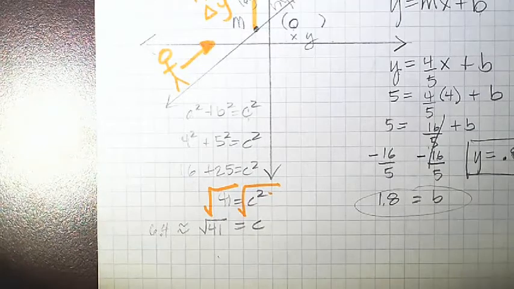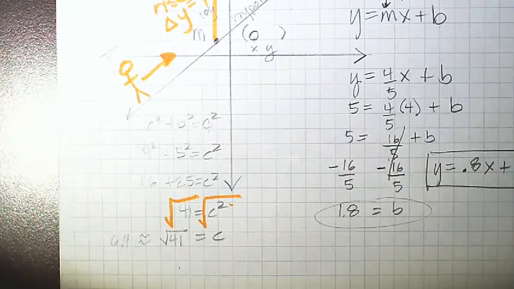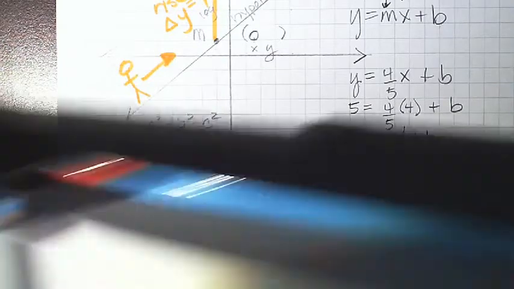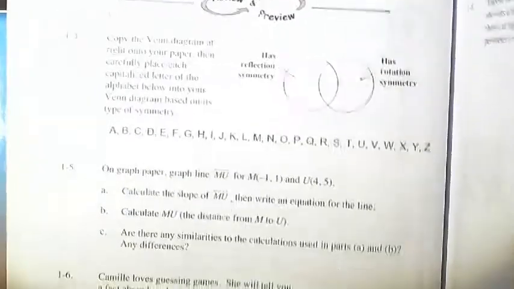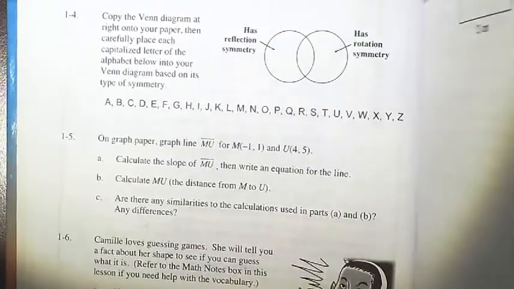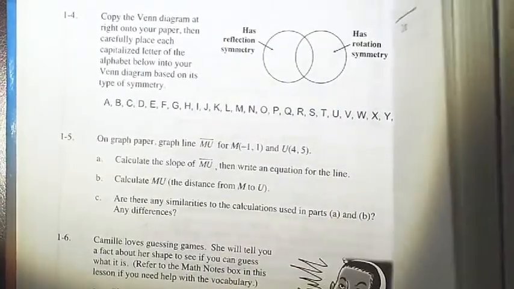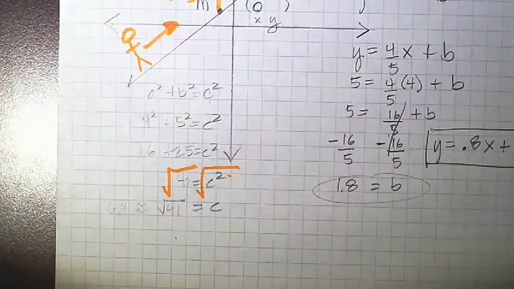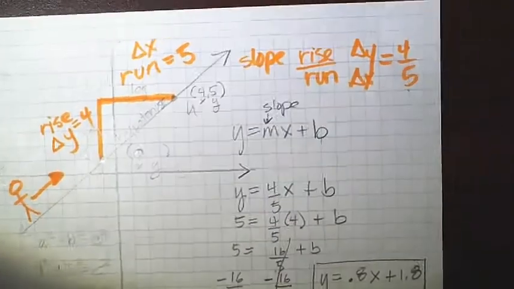So the distance from M to U, and then in part C it says, are there any similarities to the calculations you used in parts A and B? Any differences? So the major thing to notice is that your slope, let's write this here.